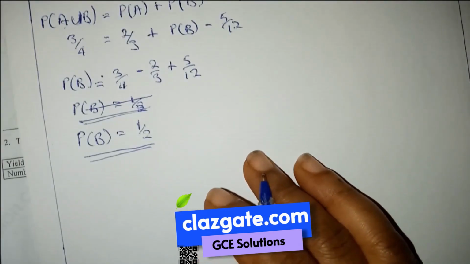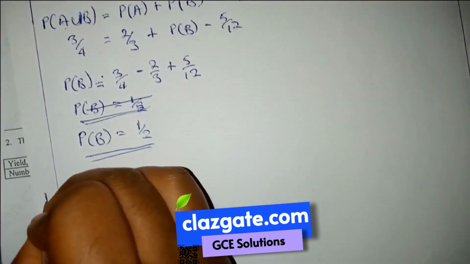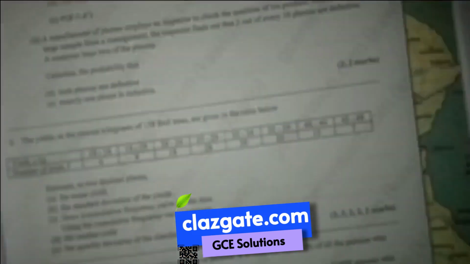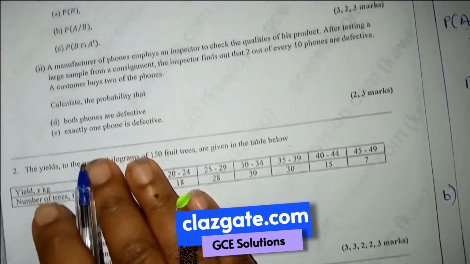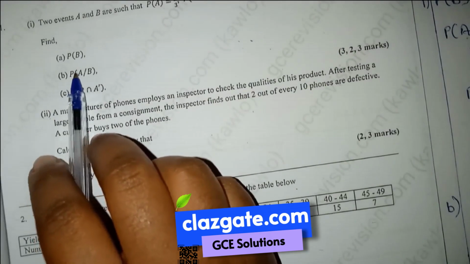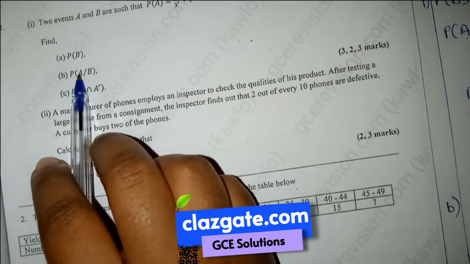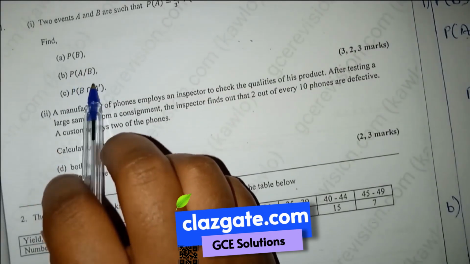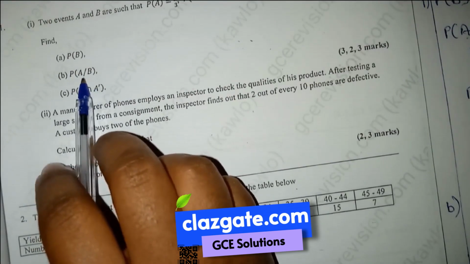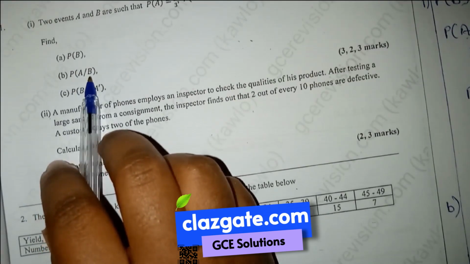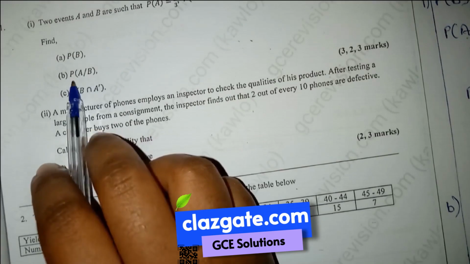Then part B has asked us to calculate the probability of B given A. That's the probability that event B is happening given that event A has already occurred.